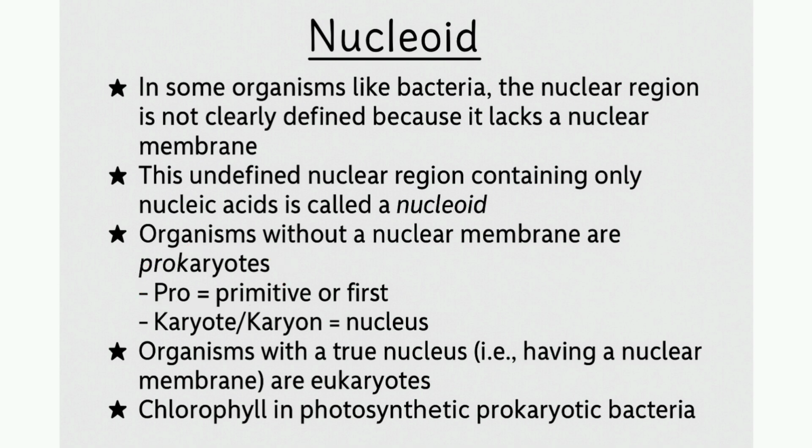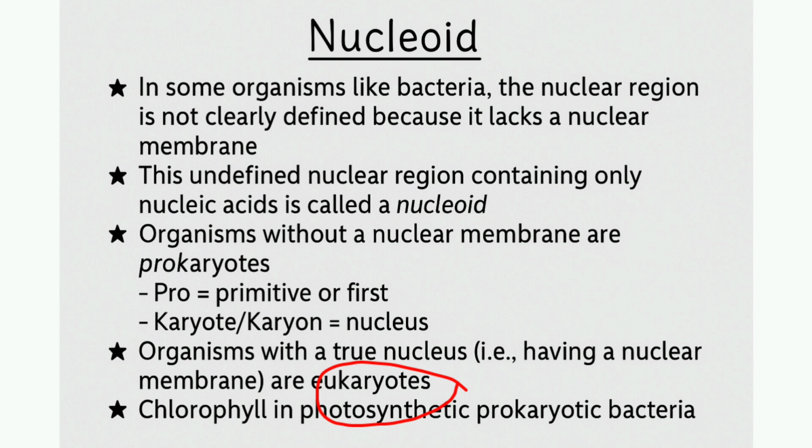And the word prokaryote means, pro means primitive or primary, and karyote means nucleus. So prokaryotes are organisms with a primitive nucleus, or they are organisms with no true nucleus. And the organisms with a true nucleus, that is, they have a nuclear membrane and a well defined nucleus, with nucleic acids and nuclear membrane both present, are called eukaryotes.